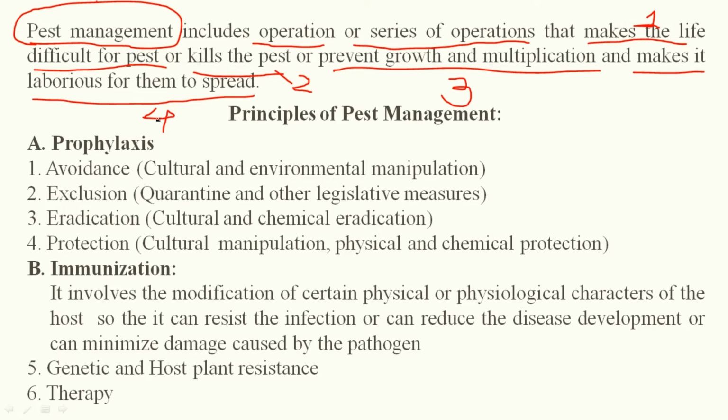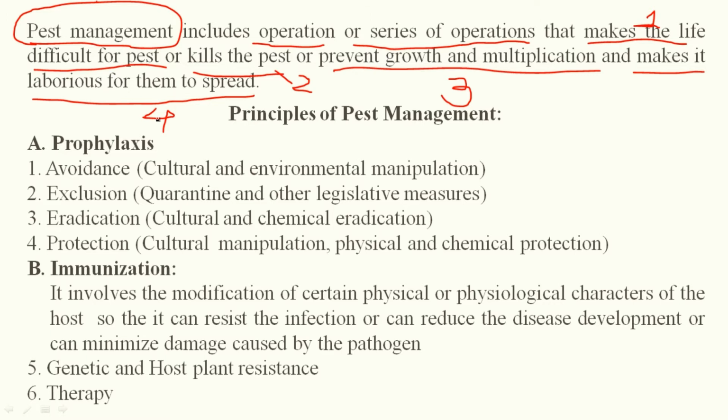So four things: first, make life difficult for them; second, kill them; third, prevent their growth and multiplication; last, make it laborious for them to spread. Wherever they are, they must be present at that portion only, and in that portion itself we have to kill them or stop their multiplication. This is the pest management strategy, or these are some of the aims of pest management.